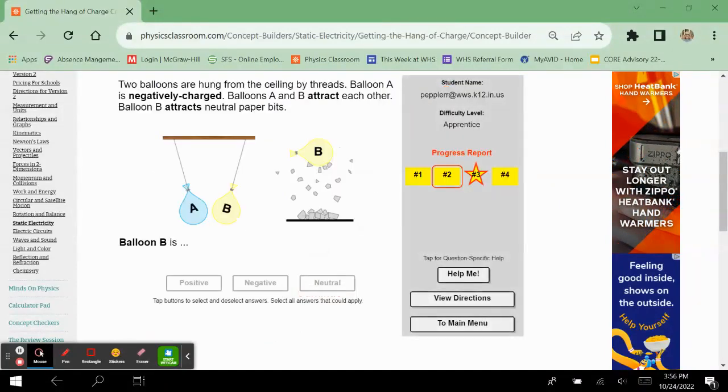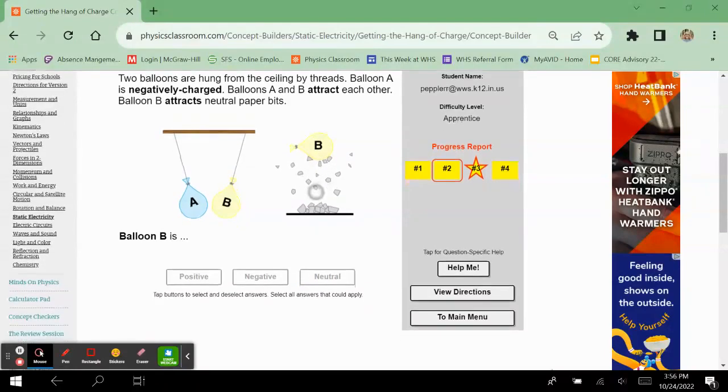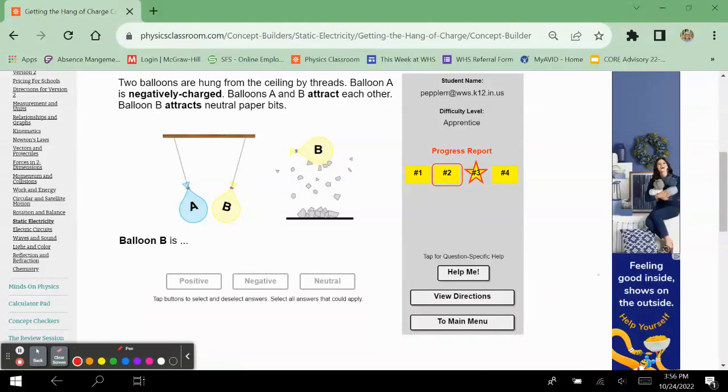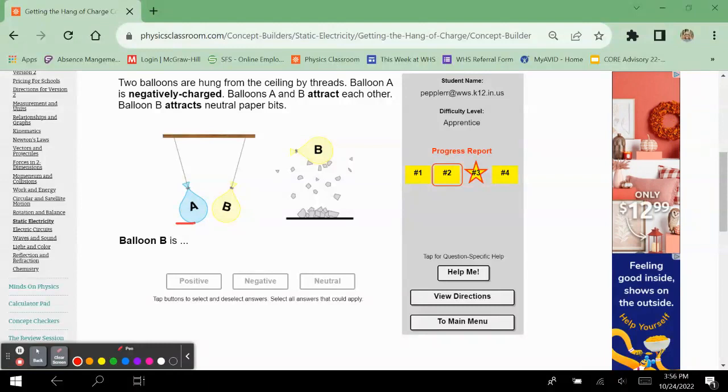Okay. The last thing I want to talk about in this trophy before we look at some more complicated examples is an example that talks about where we have these neutral paper bits either attracting or not interacting. Okay, so let's go through this one. We have balloon A is negative, so I know balloon A is negative, and A and B attract.